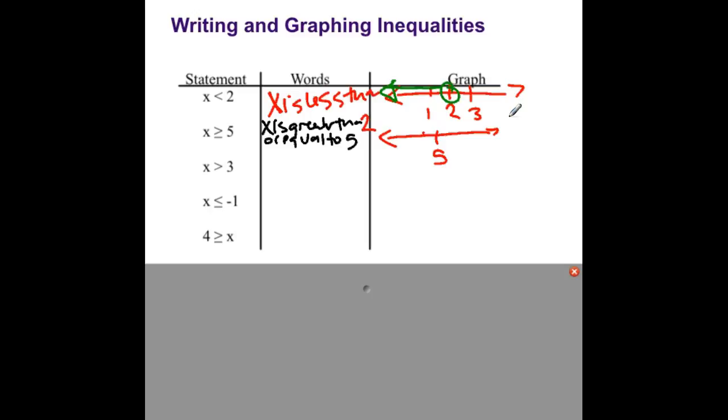Don't worry about putting 6 or 7 numbers on your number line unless you need to include more values. So we put a closed circle because it can be equal to, and it's going to go to the right.